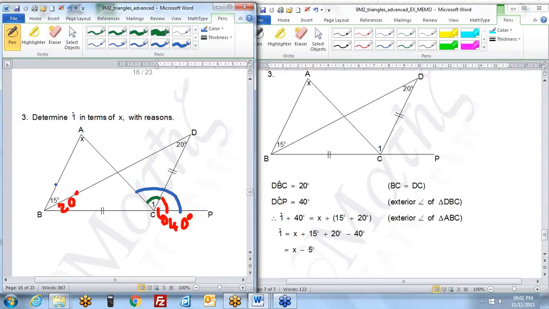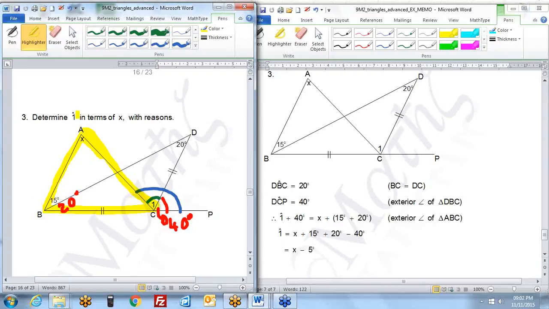You see you have another triangle over here, which I'm going to highlight now for you. So this blue angle over here, which is a combination of angle C1 plus 40 degrees, is the exterior angle of triangle ABC. So in other words, X plus 15 plus 20 equals angle C1 plus 40. So that's what we wrote here, exterior angle of triangle ABC.